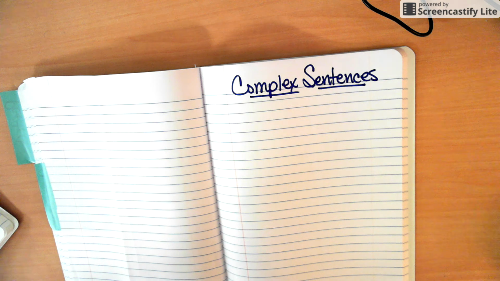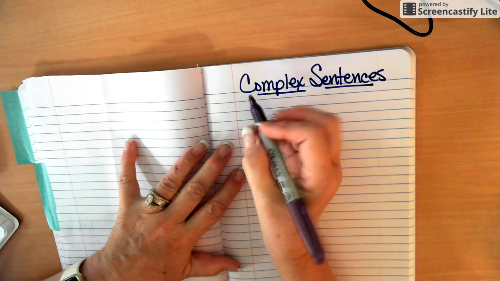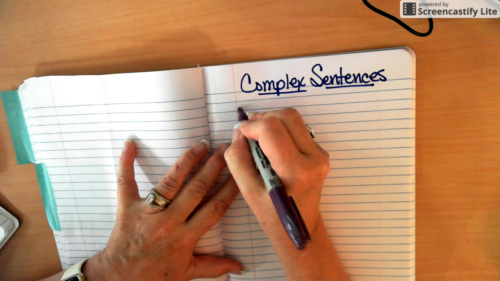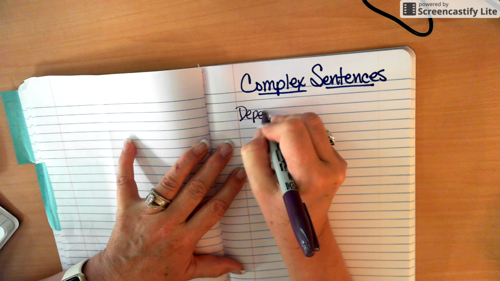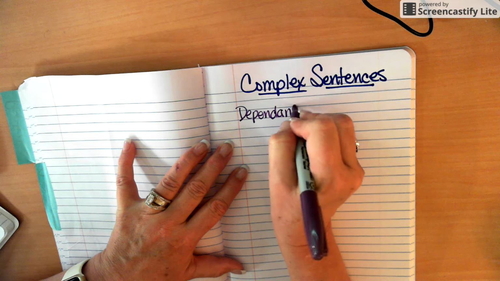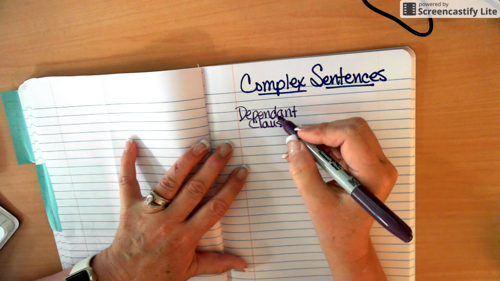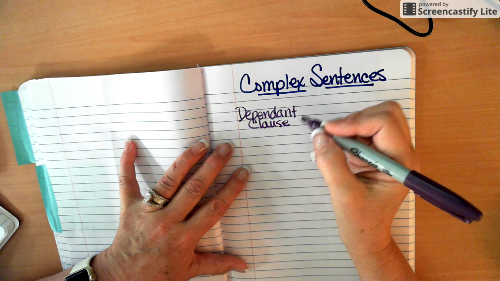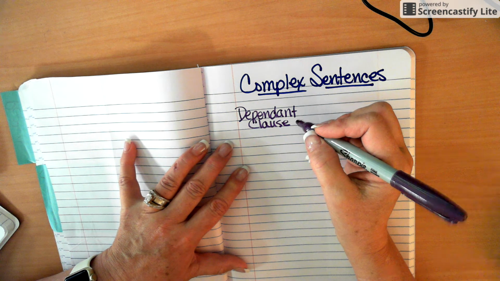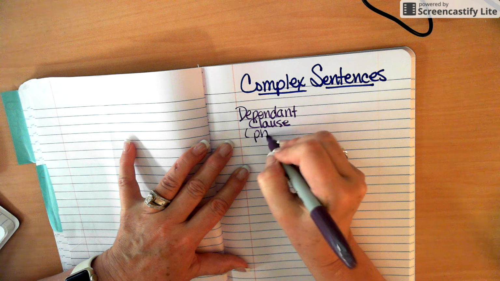Complex sentences. All right, first thing I want to tell you is you have to have a dependent clause. And a dependent clause is simply a portion of a sentence, like a phrase. We can put the word phrase below that.